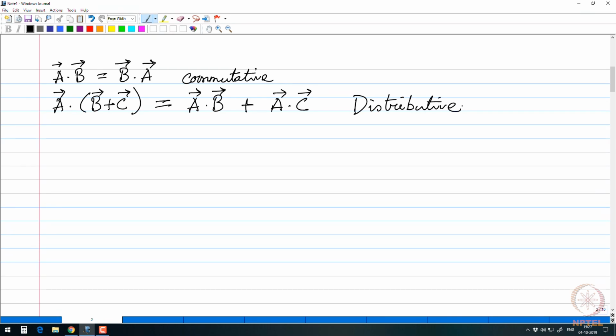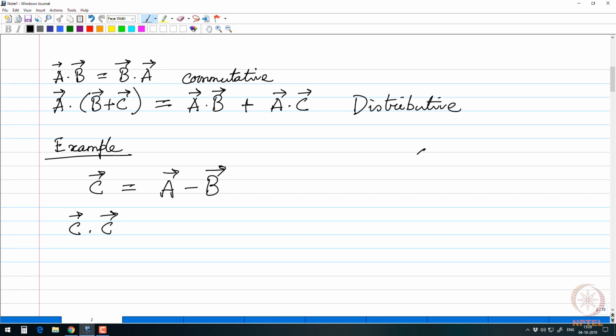Let's see an example. Let's consider a vector C that's given by A minus B, and we want to calculate the dot product of C with itself. That means we are interested in calculating C dot C. How do we do that?